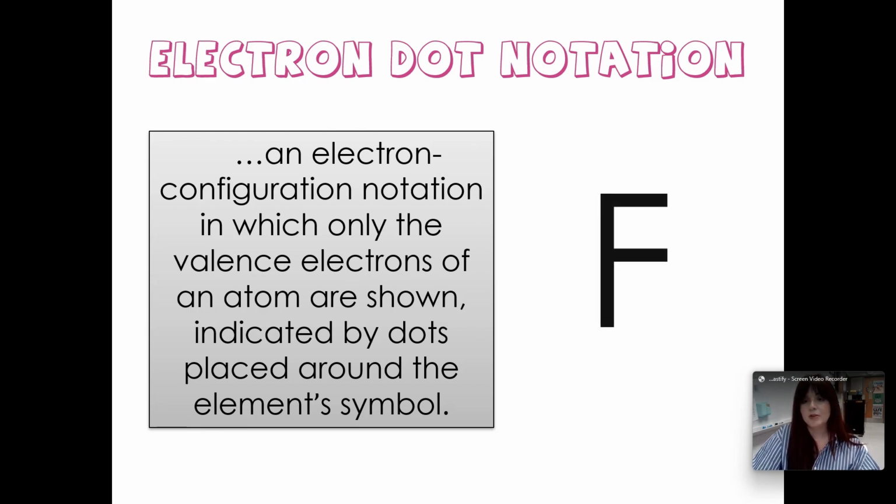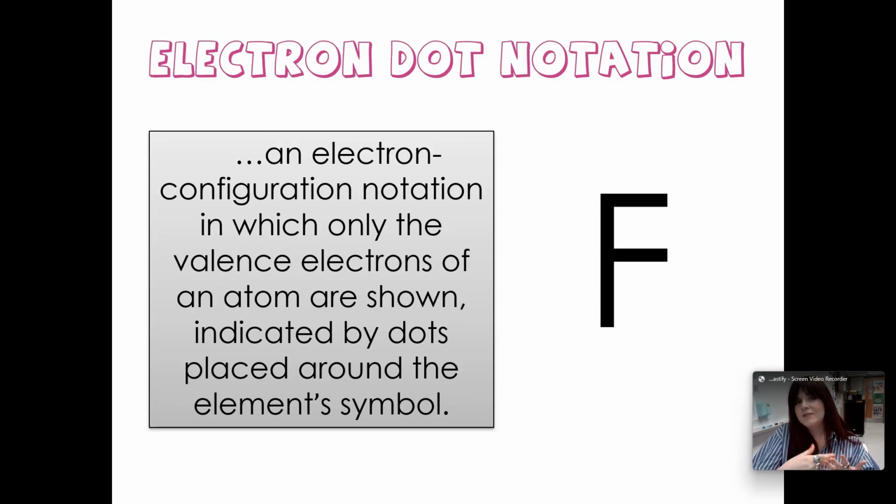So for example, if we have the element fluorine, fluorine has 7 valence electrons. If you remember back, I think it was Unit 3, we talked about that. So fluorine's in the 7th group on the periodic table without the transition metals. So it has 7 valence electrons. We can represent that by drawing dots around the symbol for fluorine.